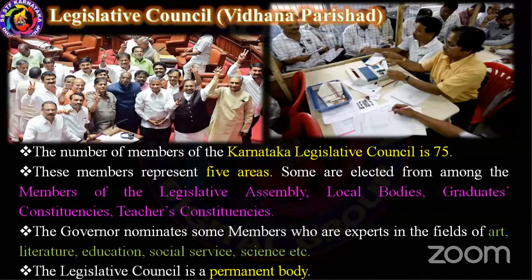The tenure of a legislative council member is 6 years, and every 2 years, 1/3 of the total legislative council members are re-elected by the representatives of the legislative assembly, local bodies and others.